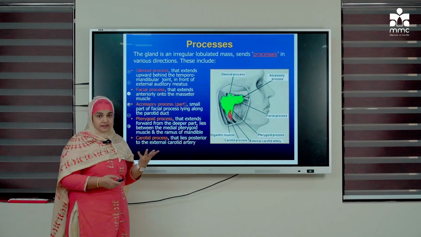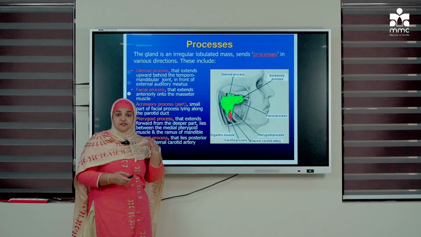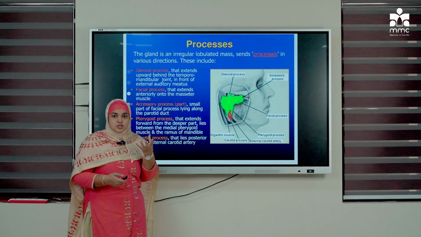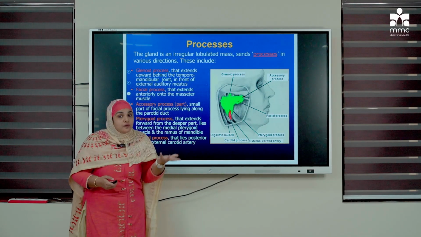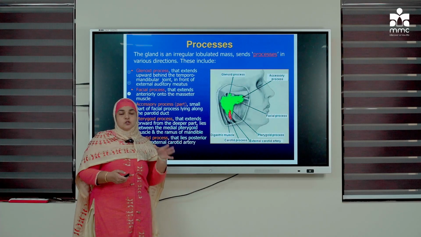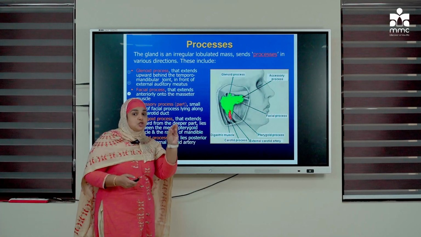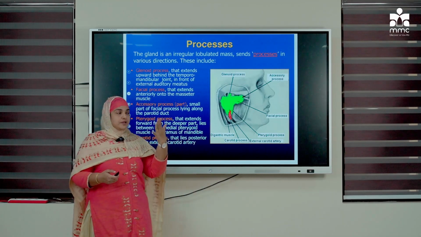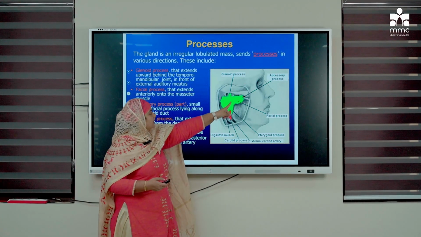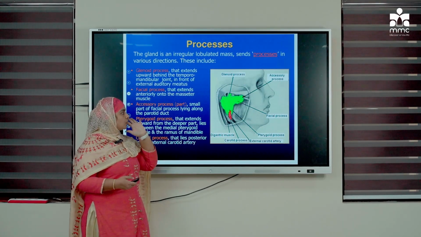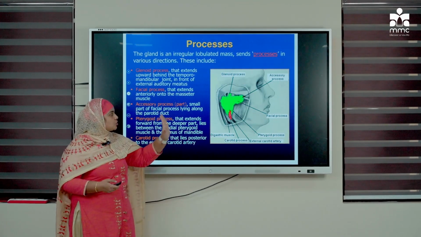Now, as I said earlier, even though the parotid gland fits into the parotid region, which forms a mold, some parts of the parotid gland extend beyond the mold, and these extensions are called processes. Depending upon the region towards which these processes are growing, they are named. For example, the facial process: part of the parotid gland grows out of the mold and goes towards the face.